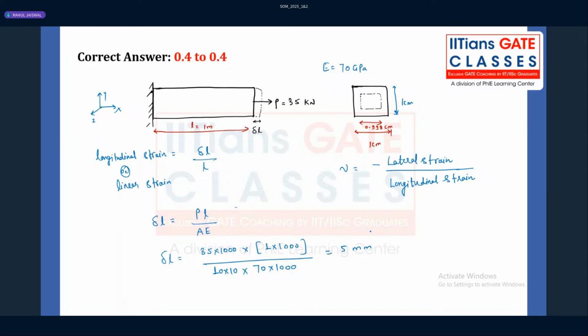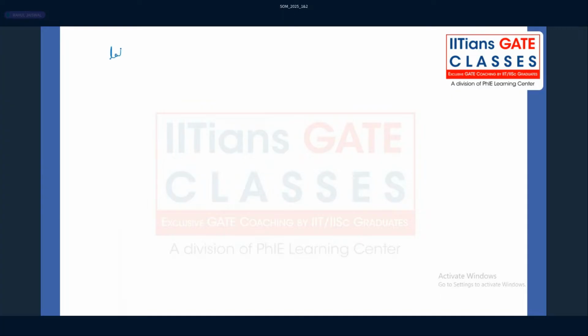Now, moving to the lateral strain. Lateral strain is the change in lateral dimensions by the original lateral dimensions.